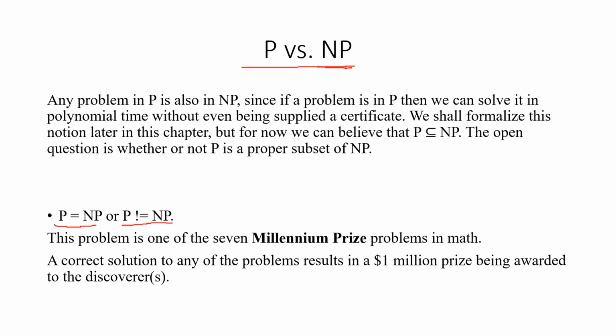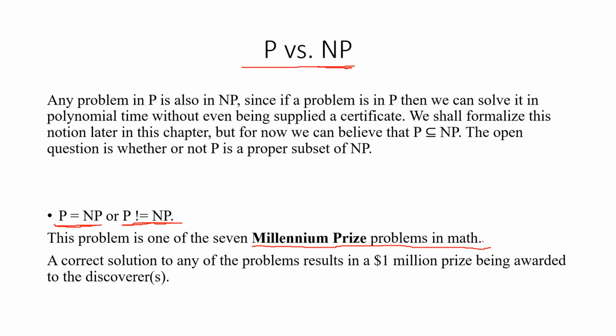There are some problems where we don't know yet the polynomial time complexity solution, but it doesn't mean that it doesn't exist. That's why we cannot prove that P equals NP or P is not equal to NP. And this question is one of the 7 Millennium Prize problems in math.